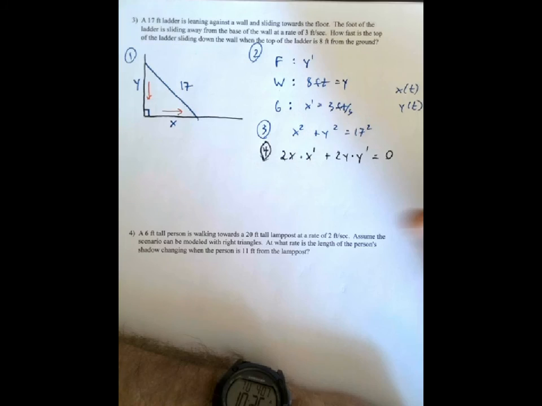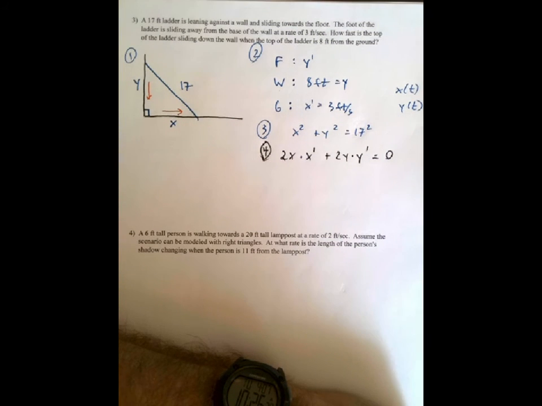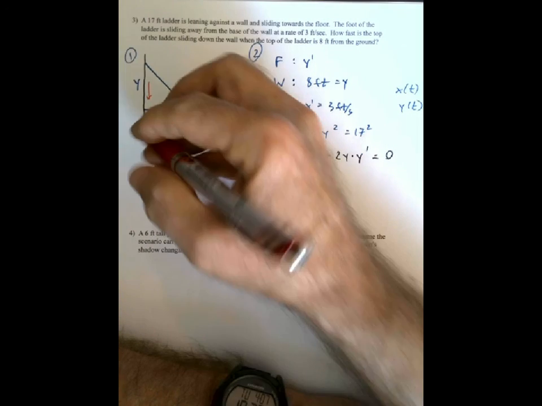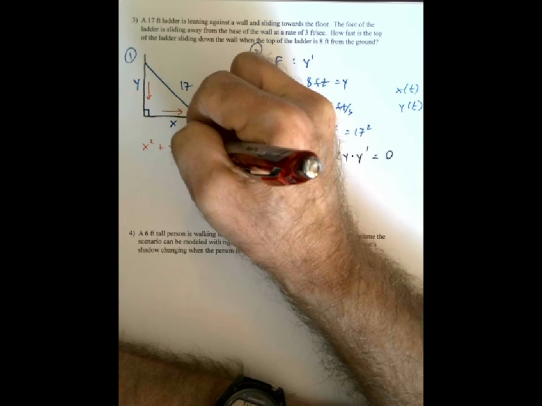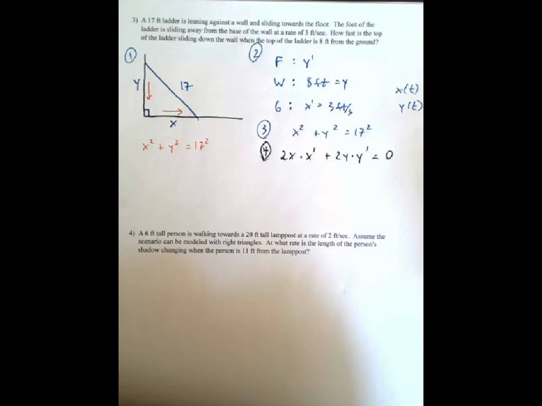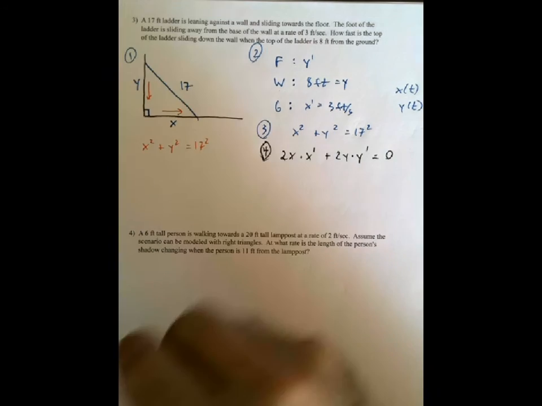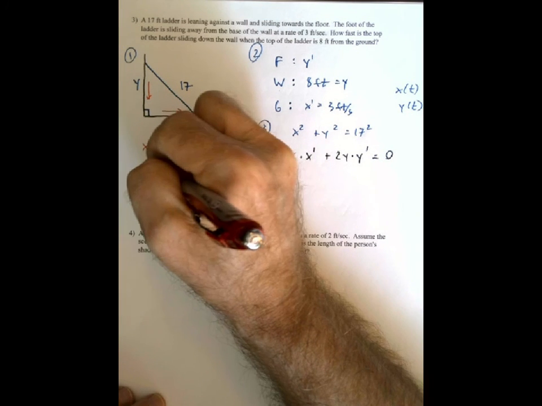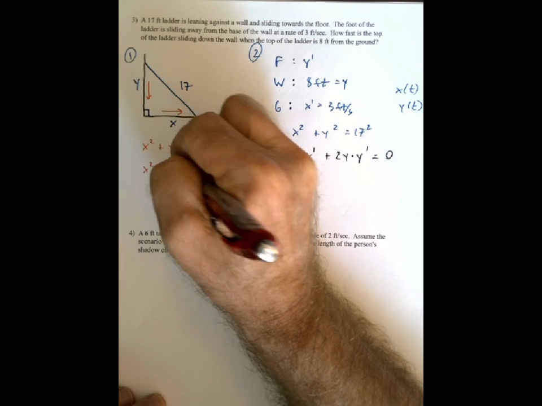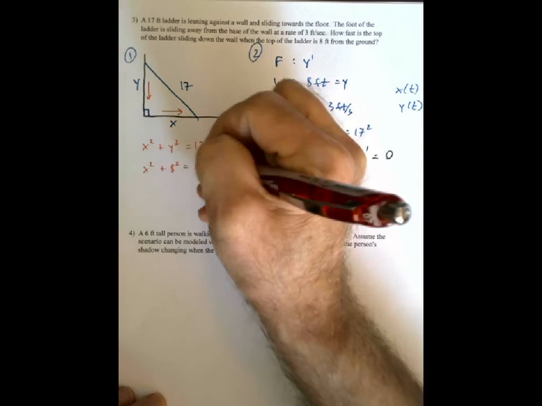Okay, so we're going to go back. This is where we have to seek some additional information. We say x squared plus y squared is equal to 17 squared. 17 squared is 289. Now y is equal to 8, so we want x squared plus 8 squared is equal to 17 squared.